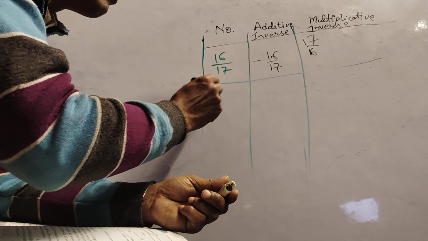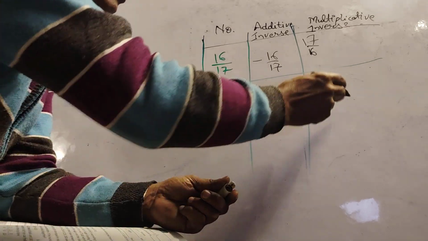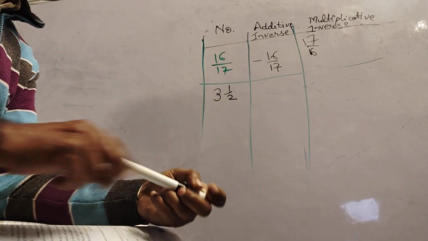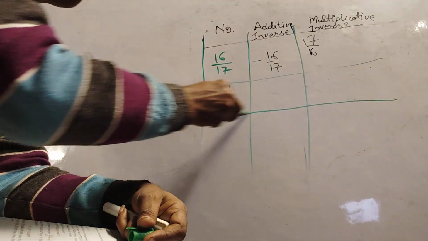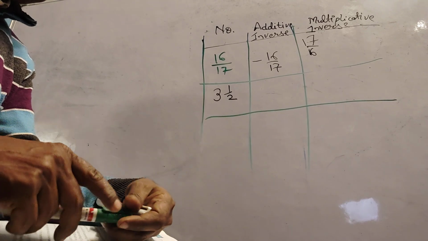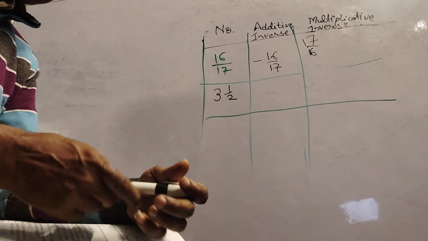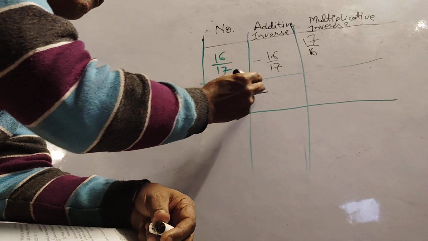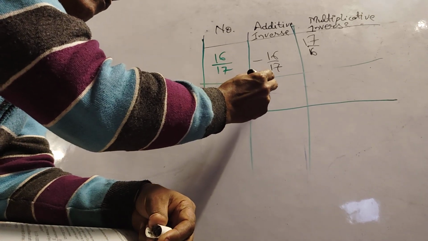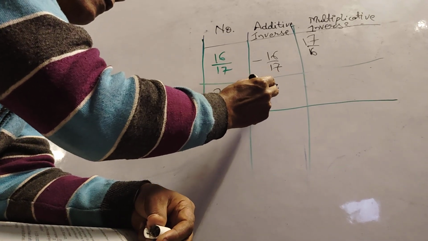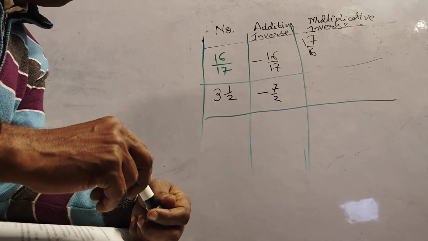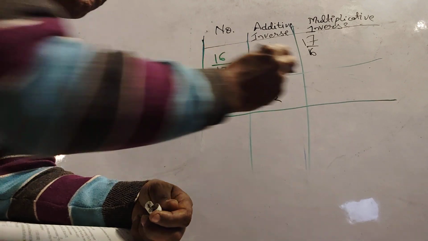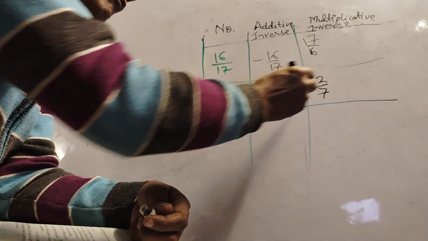Now the fraction is a mixed fraction, so 3 complete 1 over 2. What is the additive inverse? And what is the multiplicative inverse? The additive inverse would be negative 7 over 2, and the multiplicative inverse would be 2 over 7.